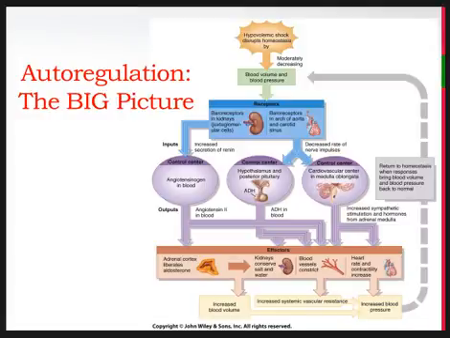Renin is actually going to work with something called angiotensinogen in the blood. We're going to have an output, and that output is the conversion of angiotensinogen to angiotensin 1 and then subsequently to angiotensin 2. Angiotensin 2 does two things.